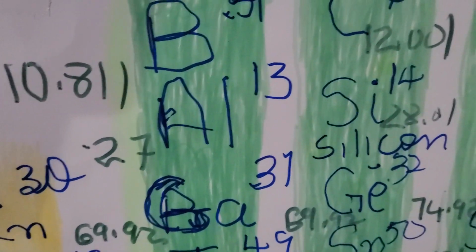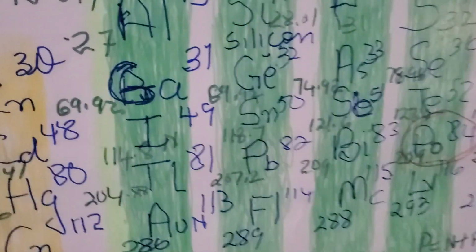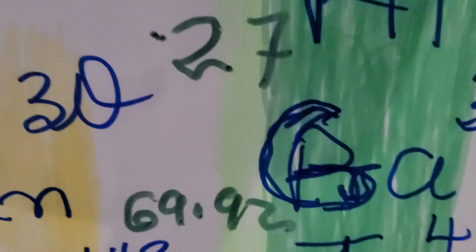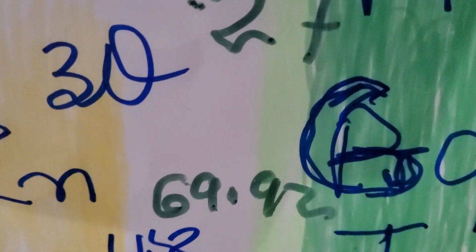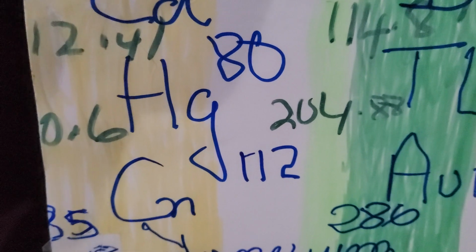And we have it in green here with the group boron and gallium. You say gallium easily destroys aluminum. Any material containing aluminum, the metal gallium will destroy. Gallium is 31 and atomic mass of 69.92.